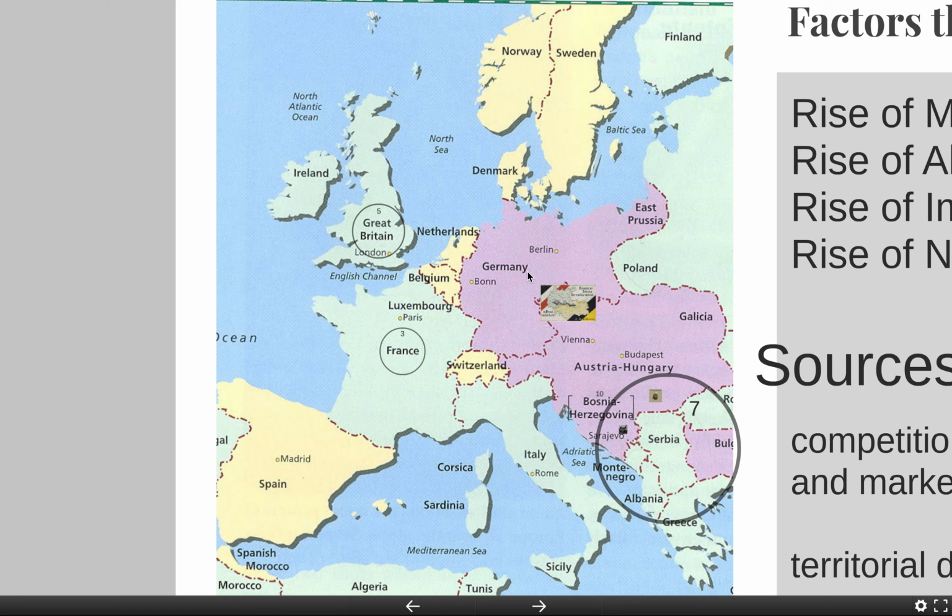Once the Germans declared war on Russia, they also declared war on Russia's ally, France, and France declared war on them because Germany had declared war on Russia, who had declared war on Austria, who had attacked Serbia because a Serbian assassinated Archduke Franz Ferdinand.